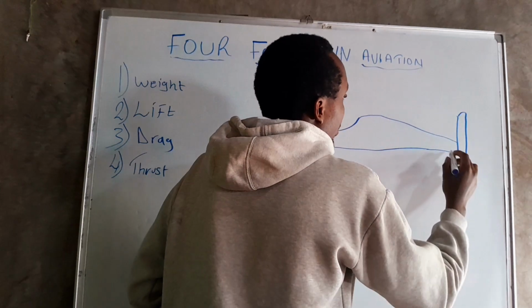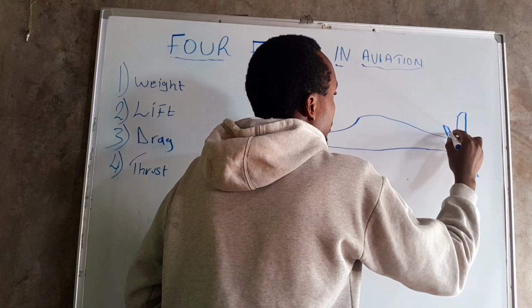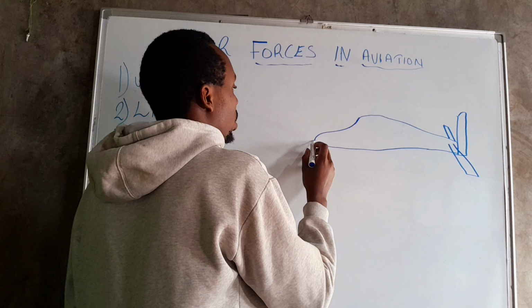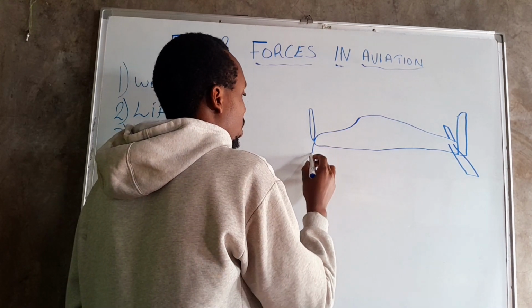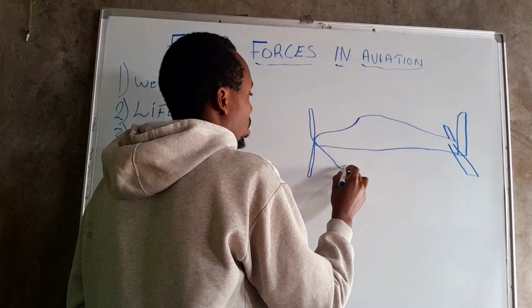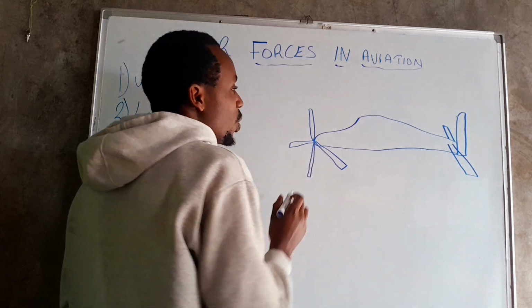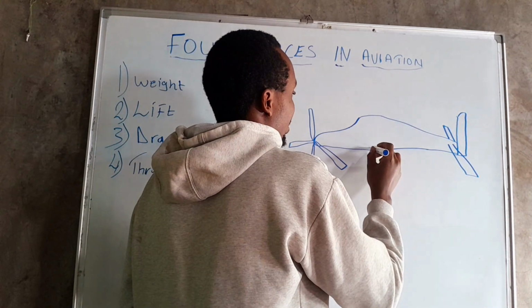So we have this one. It comes all the way to the other side, and we have something that we call the propeller. Yeah, don't laugh at my drawing. I'm not actually good at drawing.